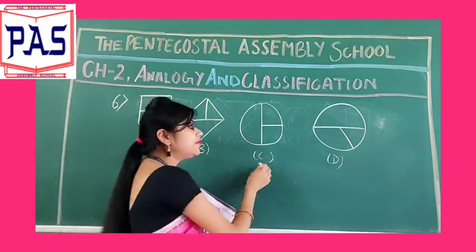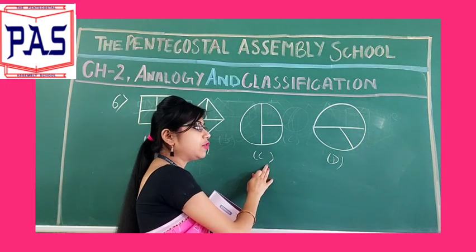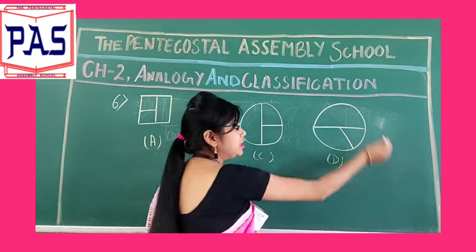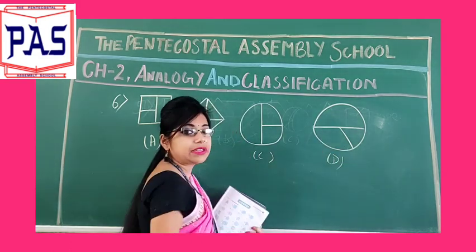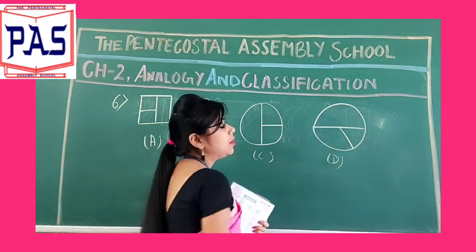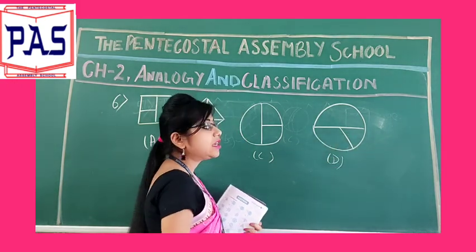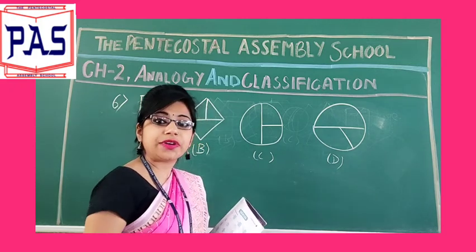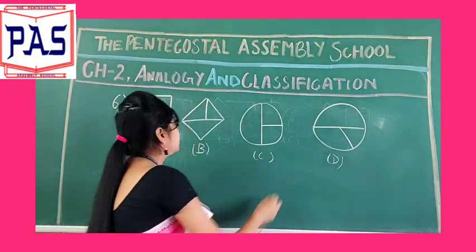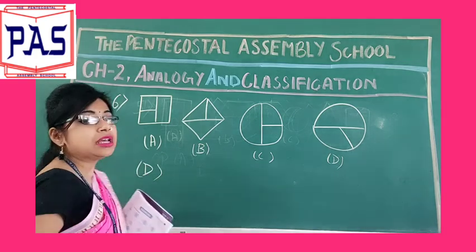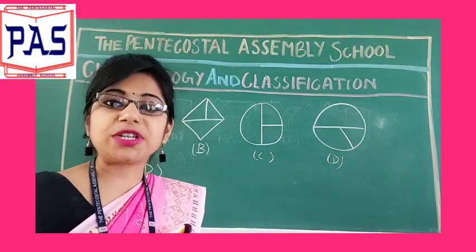In the third figure, the same pattern is followed. But in figure D, there is a circle which is divided equally, but the half part of this figure is divided unequally. So which one is odd? Option D is odd. So the answer for question number 6 is option D.